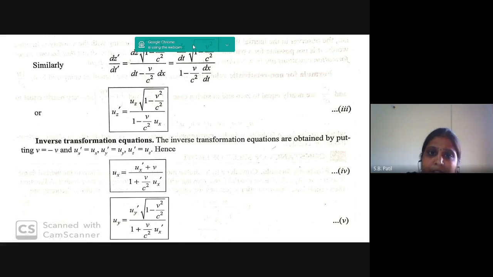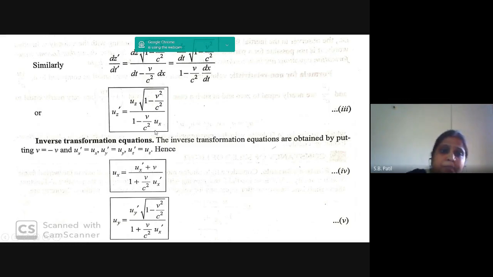So we got (dz/dt) square root of 1 minus v²/c² upon 1 minus (v/c²) dx/dt. We know that dz/dt is uz, so uz prime is equal to uz into the square root of 1 minus v²/c² upon 1 minus (v/c²) ux, where dx/dt is ux.